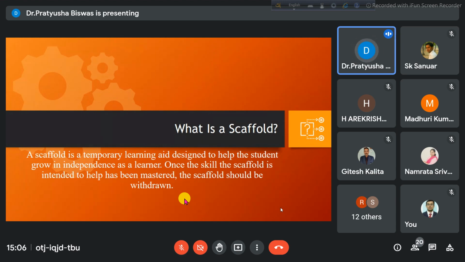So scaffold is basically a technique which will help them realize how, when it's done into bits or formats, it is easy to remember. So scaffold is basically for those children who have a genuine problem of remembering.